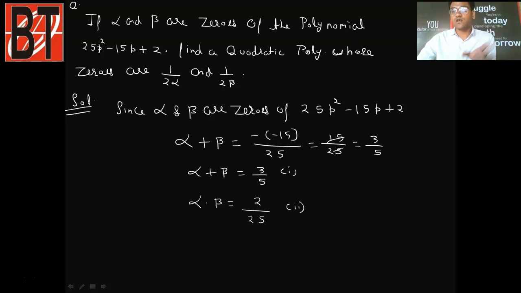Okay, now students, what we want is a quadratic polynomial whose zeros are 1 upon 2 alpha and 1 upon 2 beta. Now for writing any quadratic polynomial, what two things we needed? We needed the sum of zeros and product of zeros. So let me just write the sum of zeros of required polynomial.